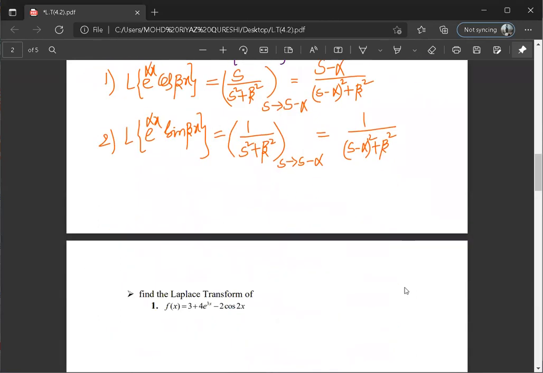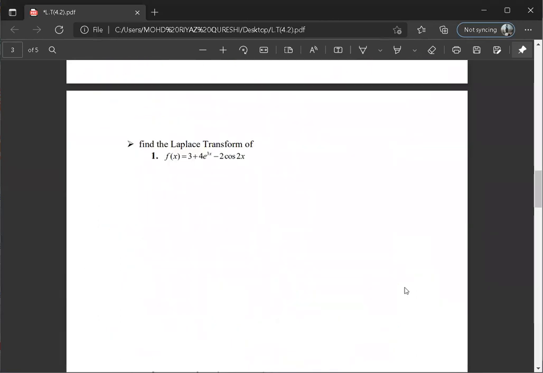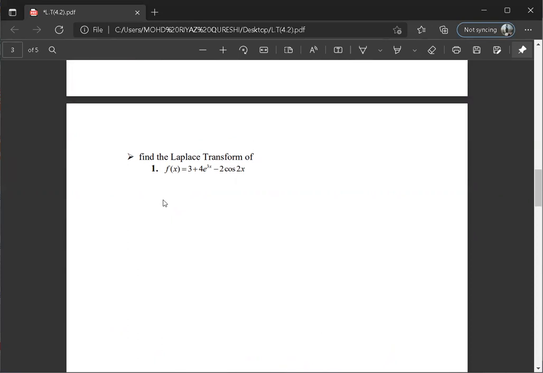Yes. Next question is this one. Find the Laplace transform of f of x equals 3 plus 4 times e power 3x minus 2 cos 2x. If you remember the formula, within seconds we can do the solution. Simply, we have to take the Laplace transform on both sides.